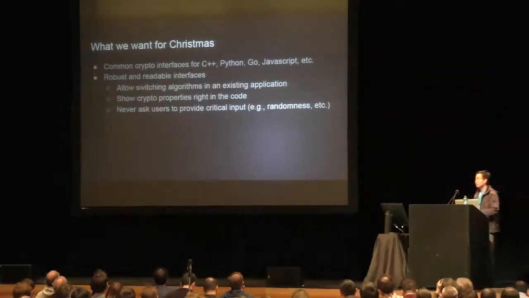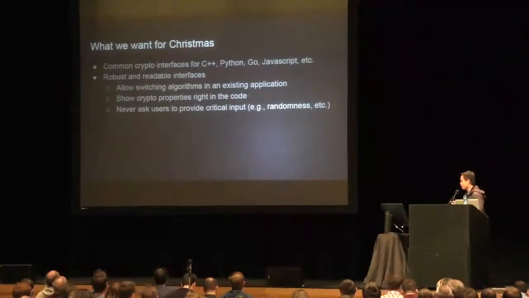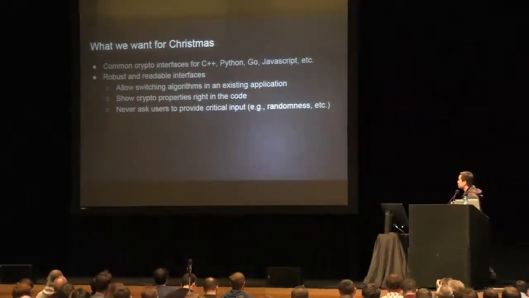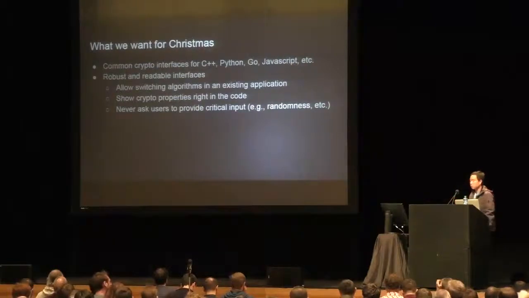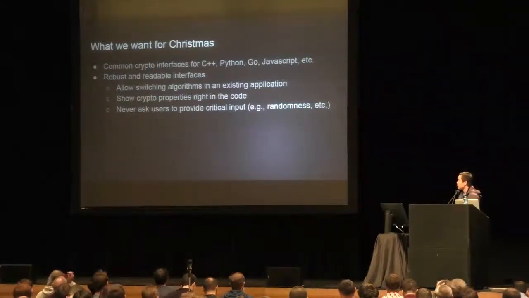So working on Wycheproof allows us to understand how a good crypto library should look. And one of the things that we've observed is there are not a lot of good crypto libraries out there.